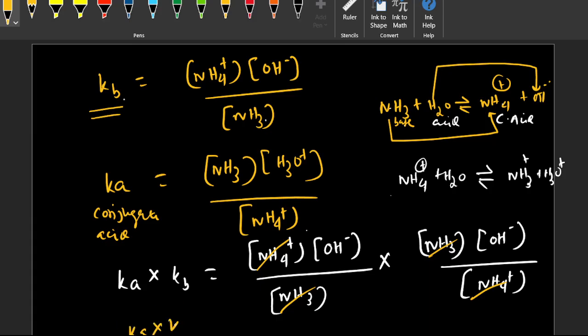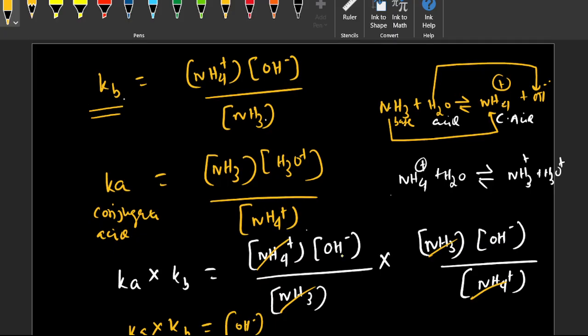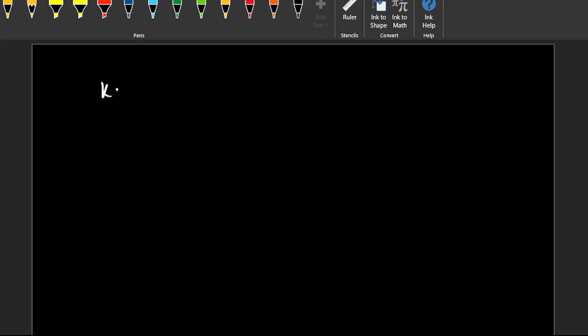Ka into Kb equals the OH minus concentration and the H3O plus concentration. So what we observe is that when you multiply Ka into Kb, we get the OH minus concentration and the H3O plus concentration.